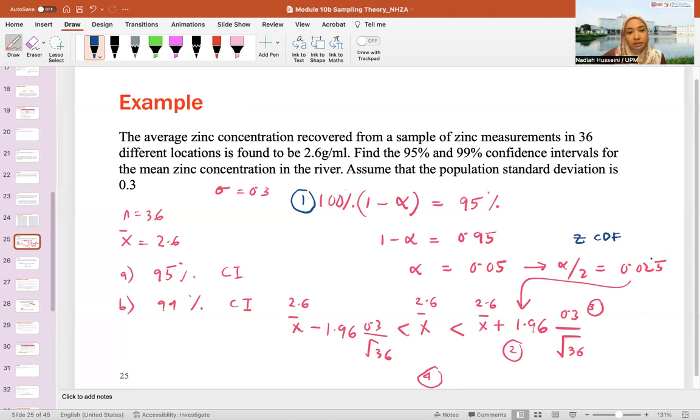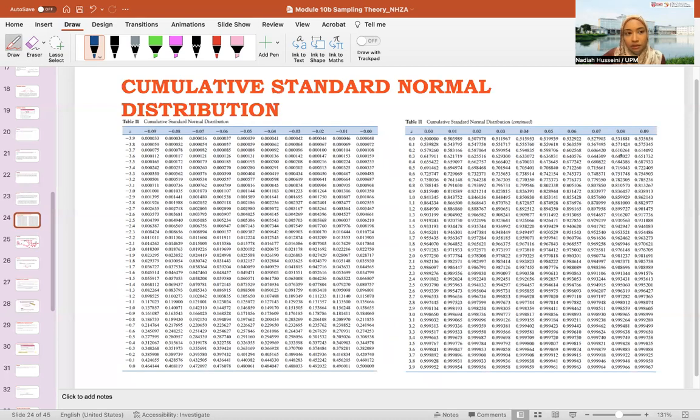I want to know what the Z is. So if you were to refer to the cumulative distribution table, 0.025 would give me somewhere around here, minus 1.96. They are symmetrical.